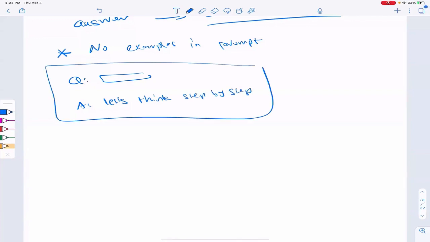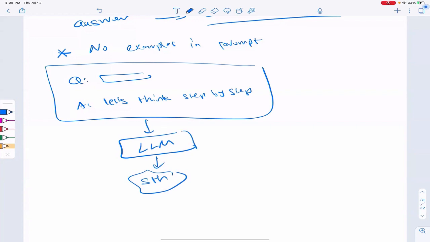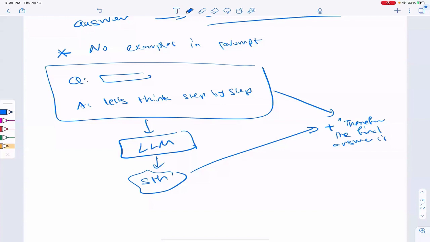This is your prompt. It goes to the LLM, it generates something. And then you ask your LLM one more time, saying, okay, here was your thinking step by step. And you add, therefore, the final answer is. And then you put it to the LLM to get the final answer.